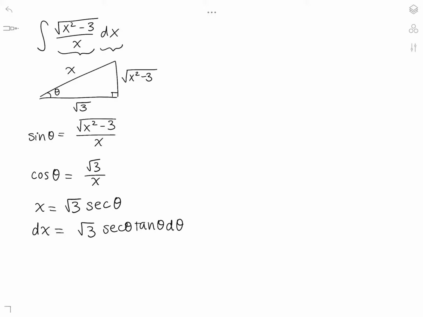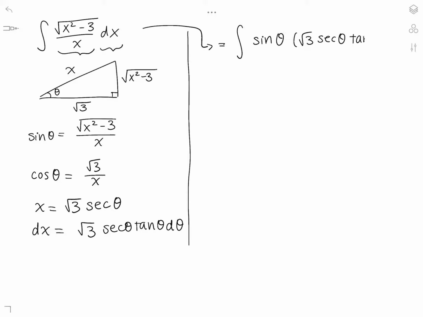So now when we put this back into our original expression, what do we get? Well, we find that our original expression is in reality equal to the integral of sine of theta times dx, namely root 3 secant of theta tangent of theta d theta.